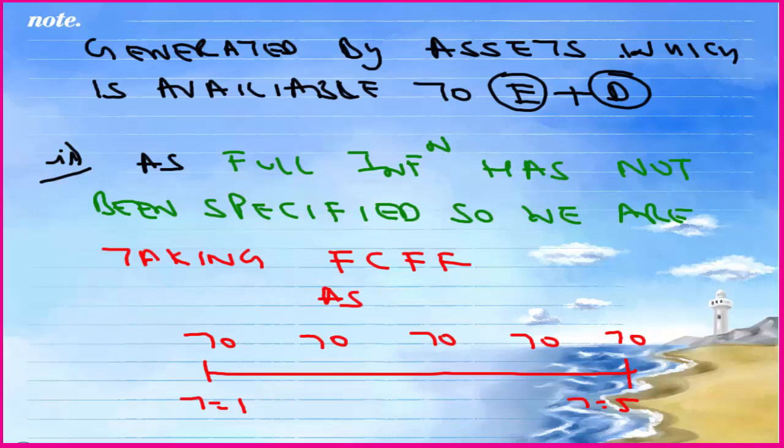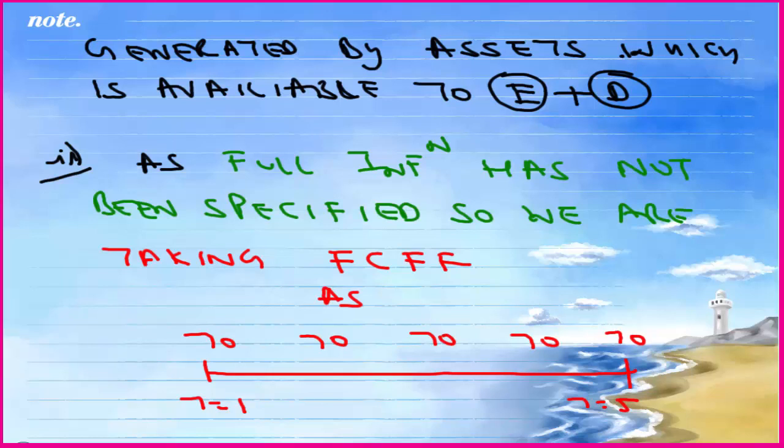So the first point is I will be writing down the future cash flows which I will be getting, and because only the rental income is given and the question is silent, I am taking this $70 million as free cash flow for equity. Nothing else is given to me. So I have prepared a timeline 70, 70, 70, 70, 70, and let the life be 5 years.